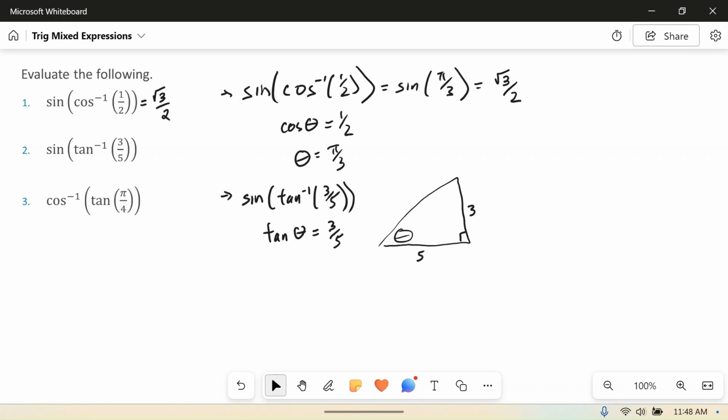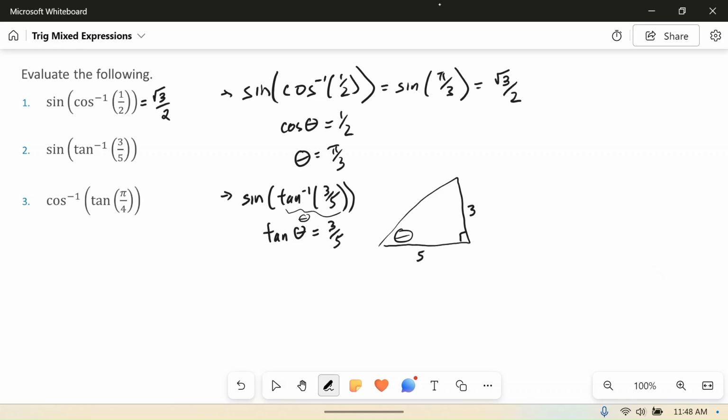So we have a right triangle with acute angle theta, opposite side 3, adjacent side 5. Remember, the inverse tangent of 3/5 produces an angle, and we then want to compute the sine of that angle. To compute sine, we need opposite and hypotenuse. So we need to compute the length of the hypotenuse.